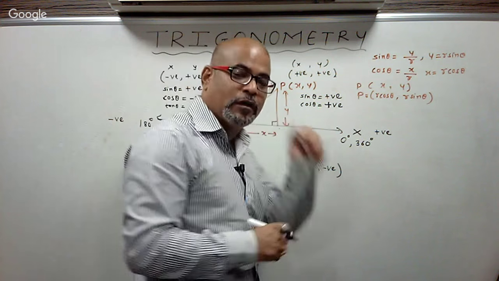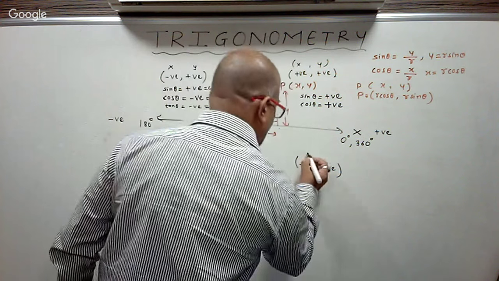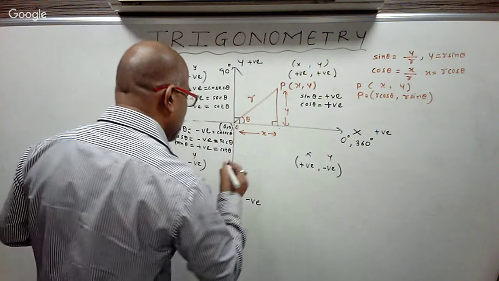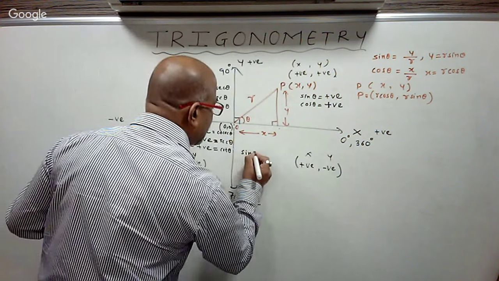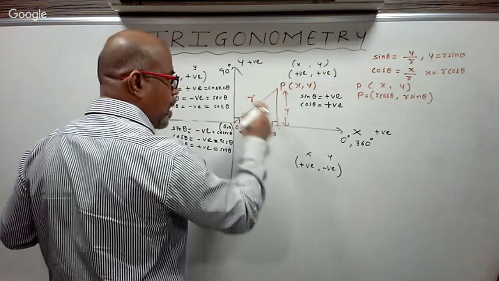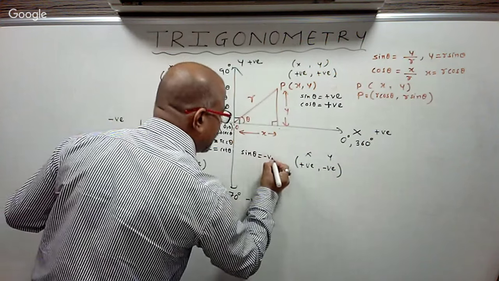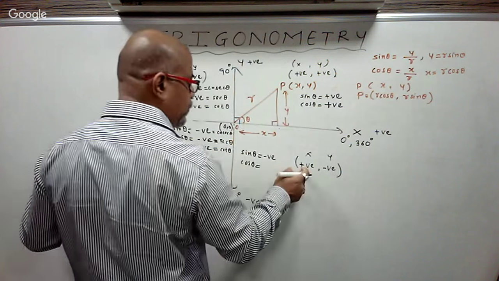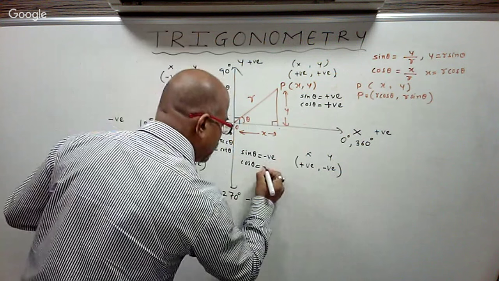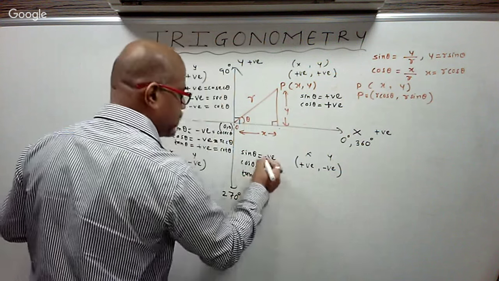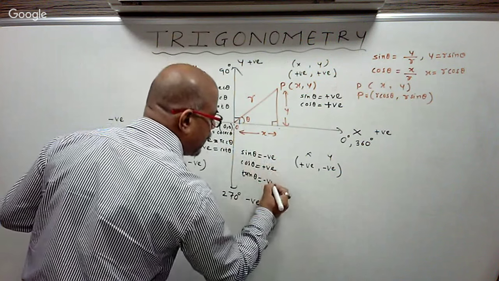Now let us move further to the fourth quadrant. Here x is positive, y is negative. Now you can easily find all the ratios. Sine theta equals y upon r. Y is negative, r is positive, so sine theta is negative. Cos theta equals x upon r. X is positive, r is positive, so cos theta is positive. Tan theta is sine upon cos, minus upon plus, so negative.